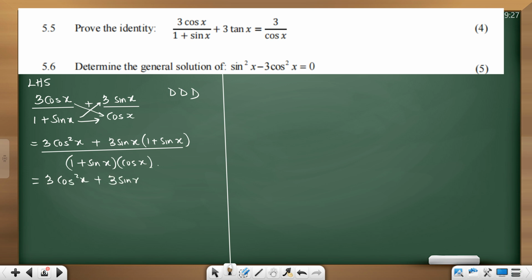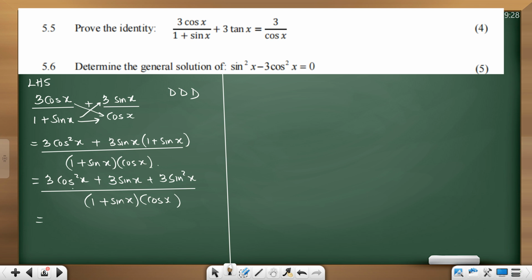Expand. 3 sine x plus 3 sine squared x, okay, over, I want the cos x as a denominator, so I'm going to leave this. I won't expand because I see that I have a cos x.